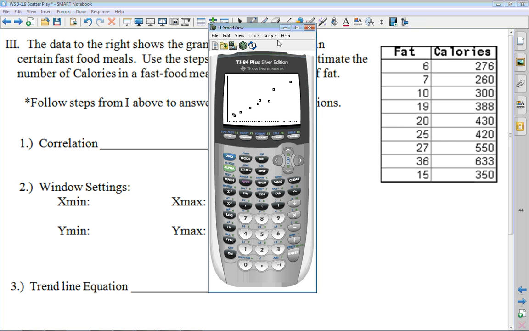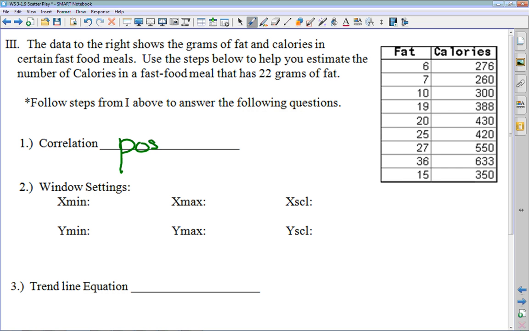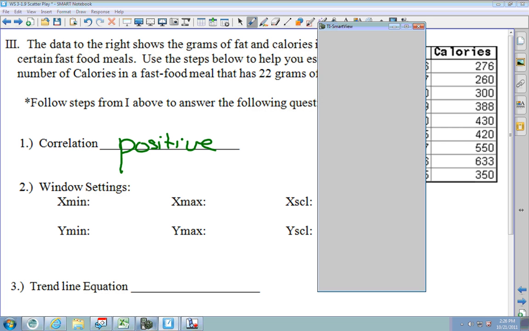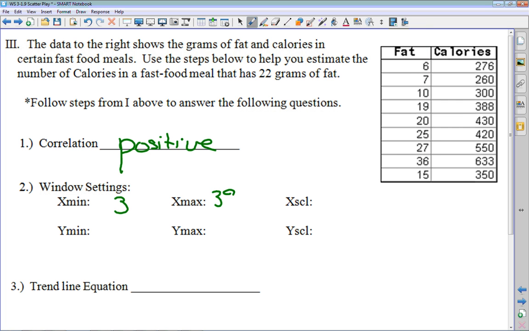Okay, so now to find your window settings too, let me go in here and fill out what we have so far. I know that this is positive. To find your window settings, I'm going to press window, and I've got 3, 39, and 1.